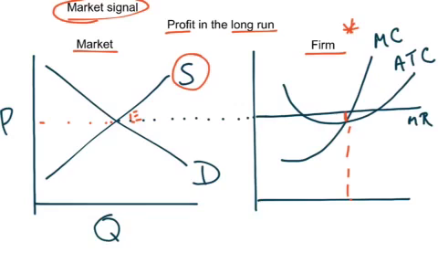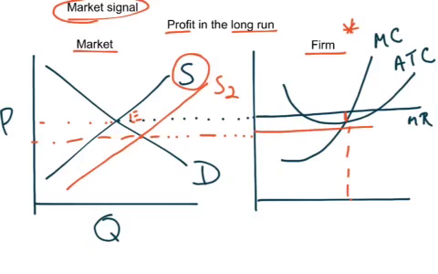And so what we'll see here is a shift in supply, creating a new market price, which now has to become the firm's price with a new marginal revenue. And what's happened is that marginal revenue has decreased. In this case, what I've drawn is that it's actually below the ATC, so this firm is experiencing a loss.